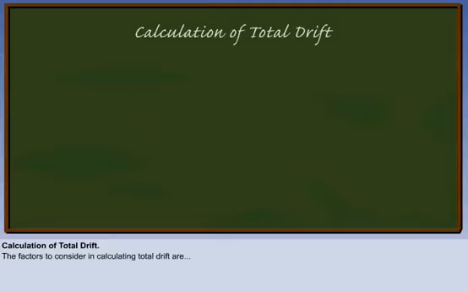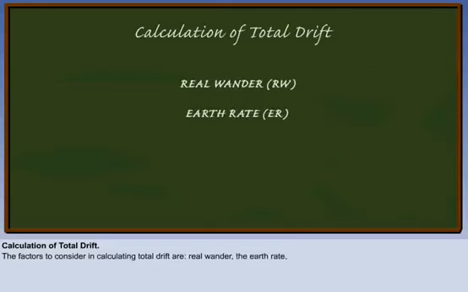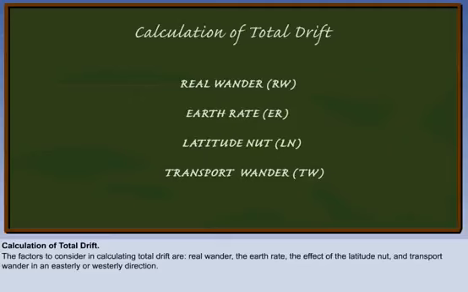The factors we will have to consider in calculating total drift are real wander, the earth rate, the effect of the latitude nut, and transport wander in an easterly or westerly direction.